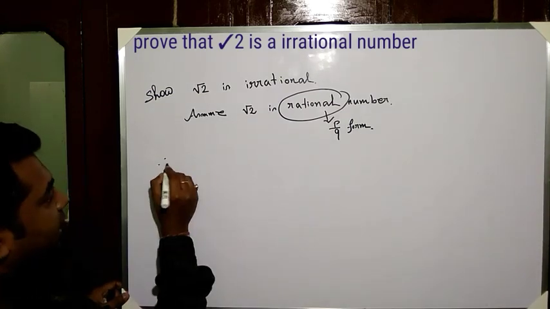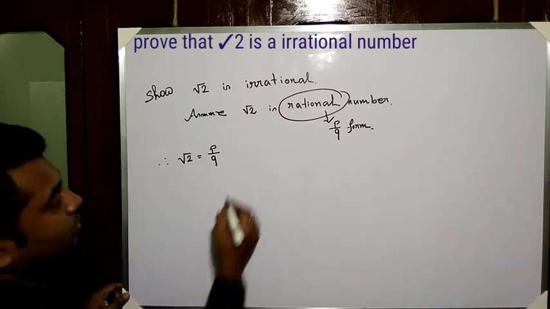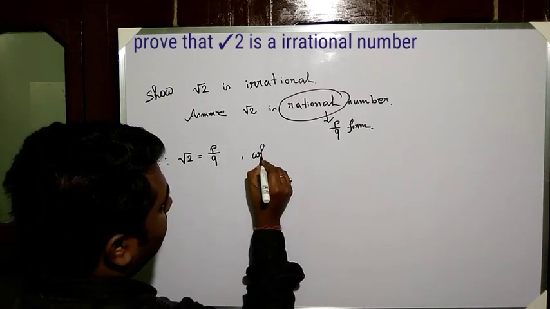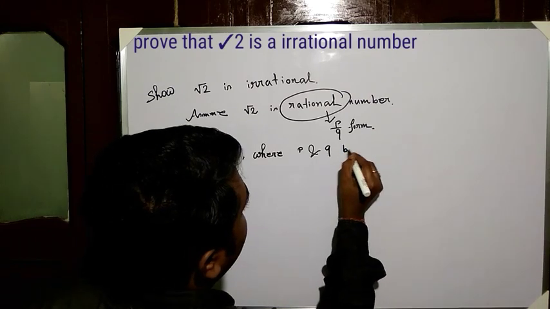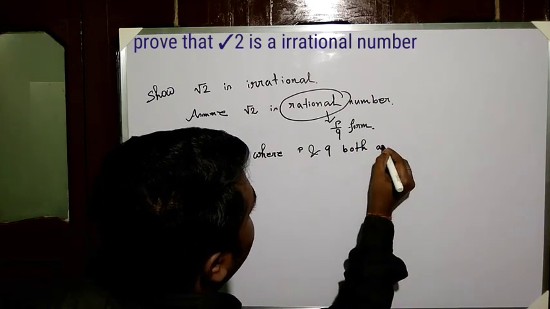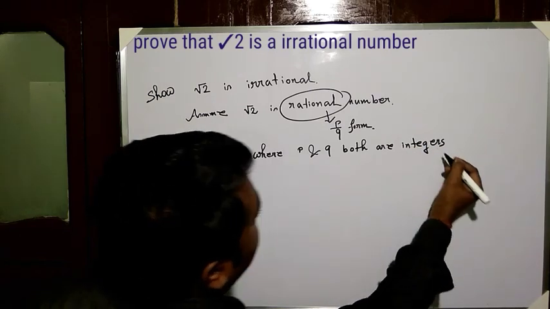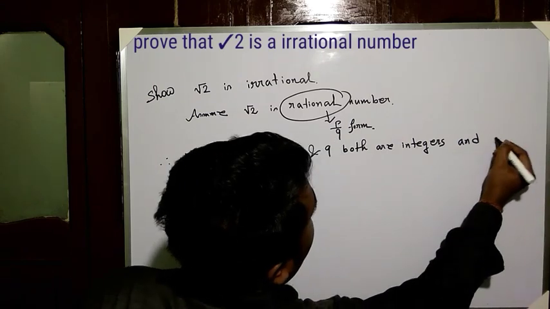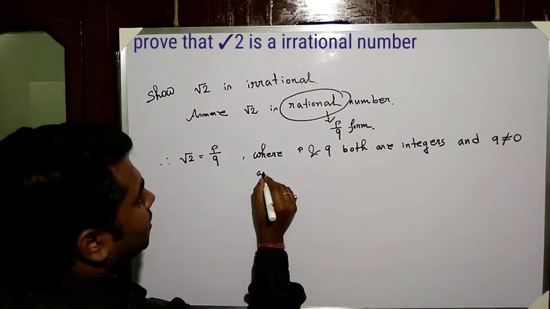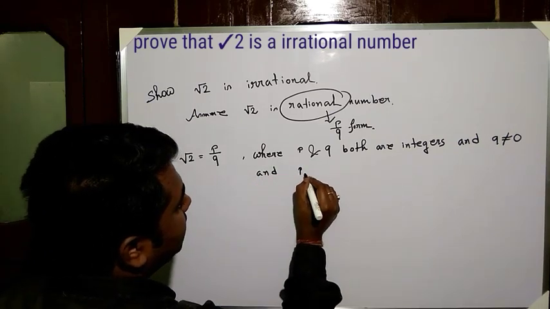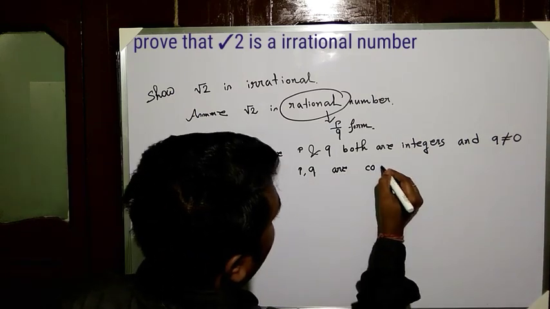So therefore you can write here root 2 equals p by q, where p and q both are integers and q not equal to 0, and p, q are co-prime.